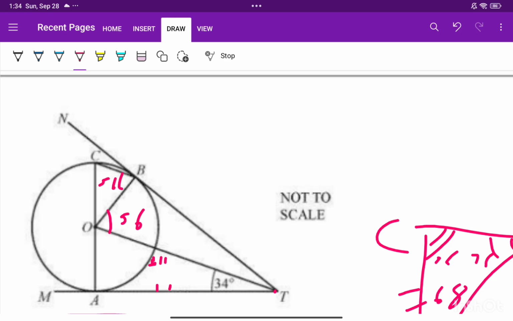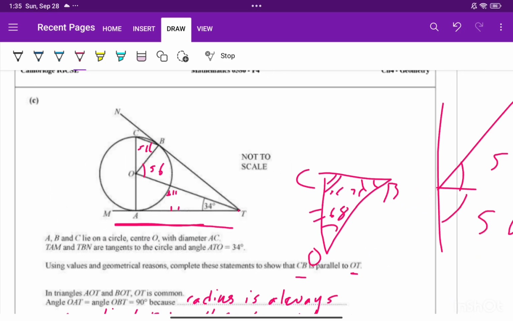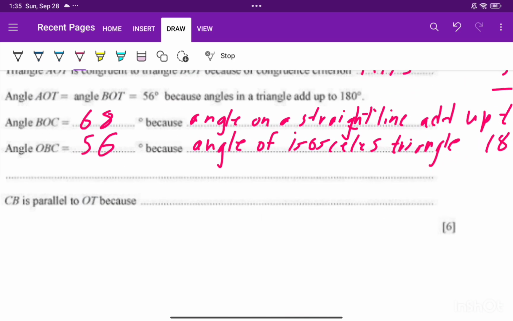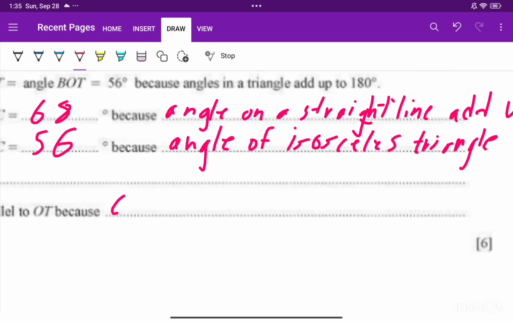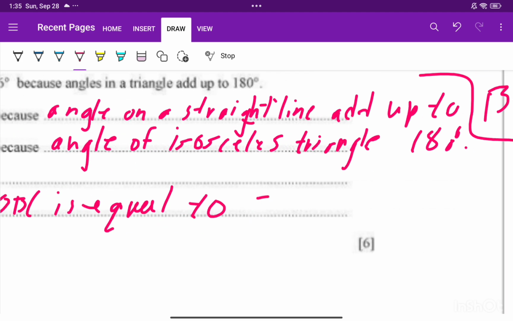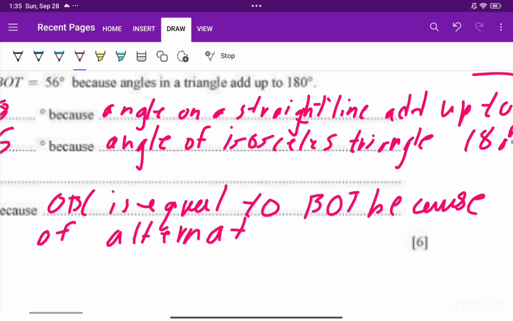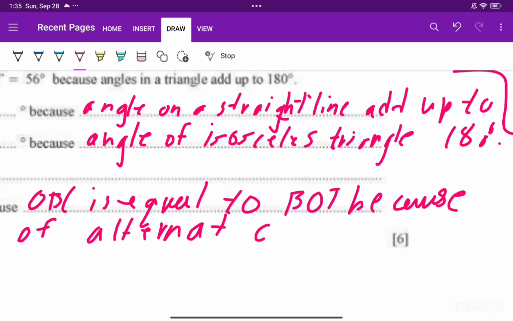So these both are alternate angles. So we can write: because OBC is equal to BOT, because of alternate angles.